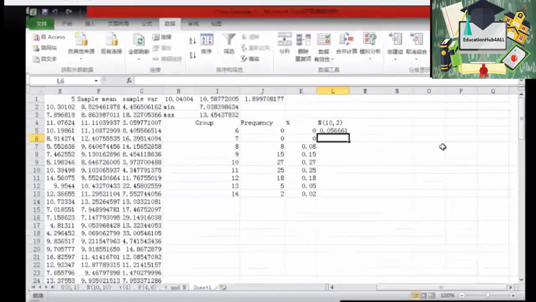What is the probability at this 6 by using this curve? Remember, it's this tail area. So this area is actually the probability.